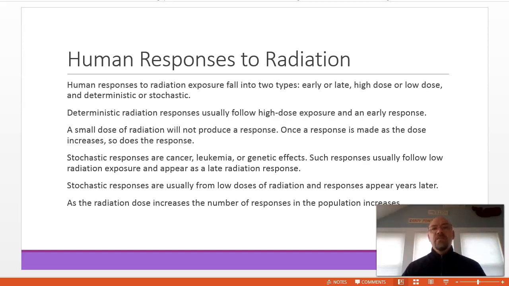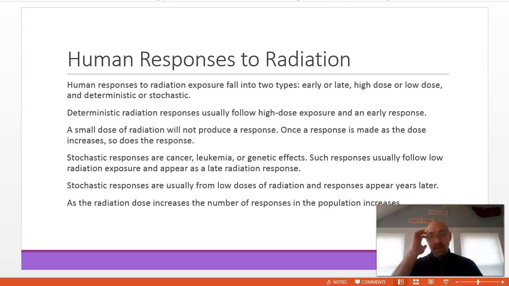If a person gets a good dose of radiation at one point, will that develop into some type of cancer or leukemia down the road? We're not able to predict it, and so that is more of a stochastic type of event. So those are the things we look at: early versus late, high dose versus low dose, and is it deterministic or stochastic? And these are the different curves that we have to understand.